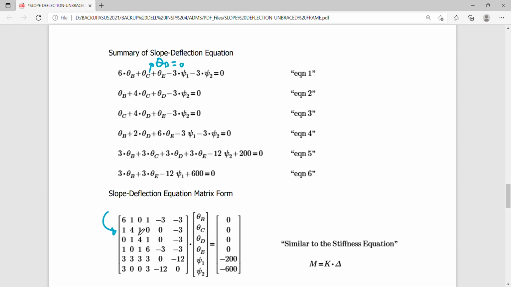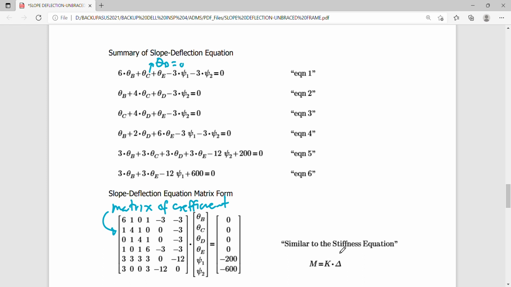Okay, there's a 1 for 1 and then a 0 on the E, 0 on the psi 1, and negative 3, and so on and so forth. You just write this down one by one into the matrix. This is a matrix of coefficients which represent your structure stiffness matrix in flexure.